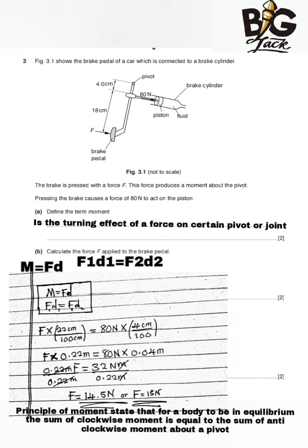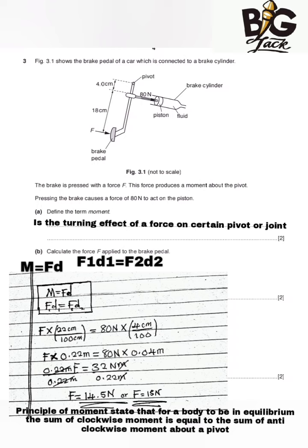Now on this part, I want you to observe something. The distance from the pivot to where the force is acting is 4 centimeters. So here we can conclude that the longer the distance, the less force you are going to apply.